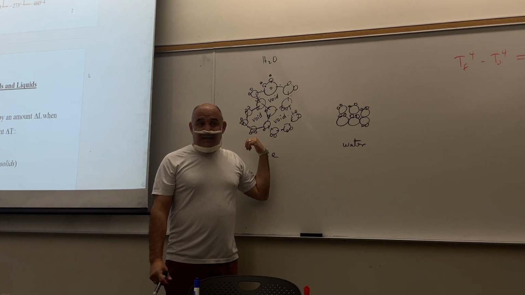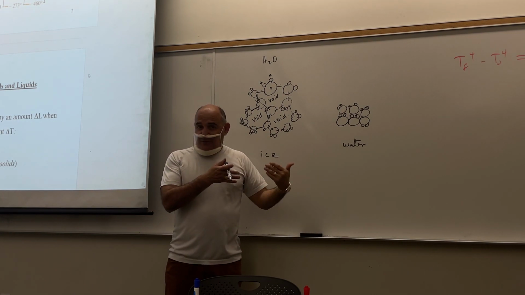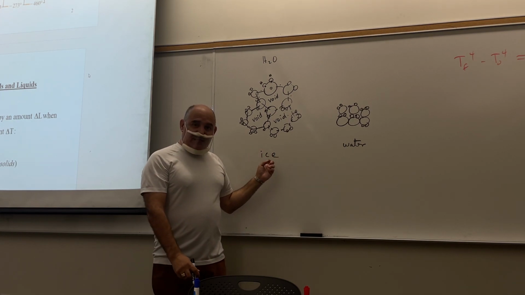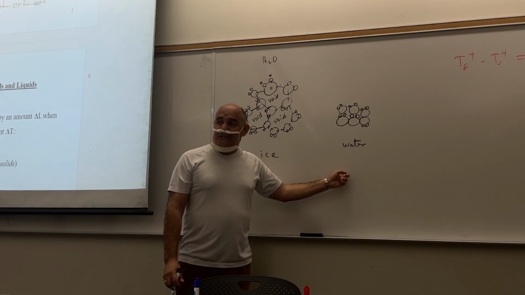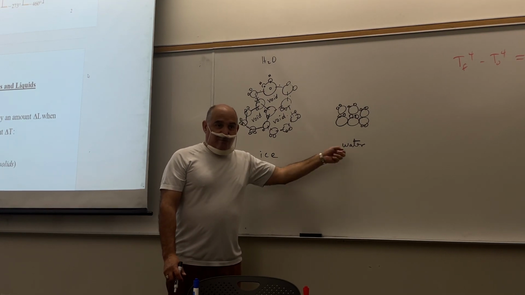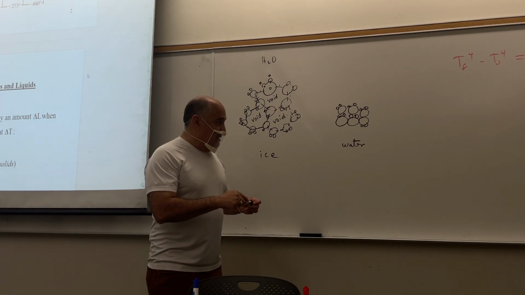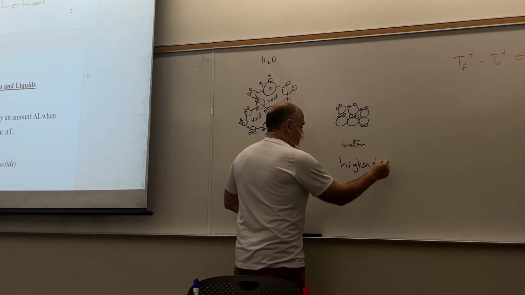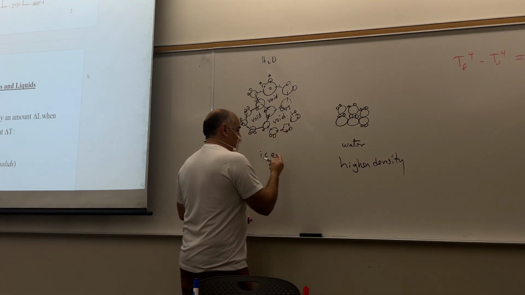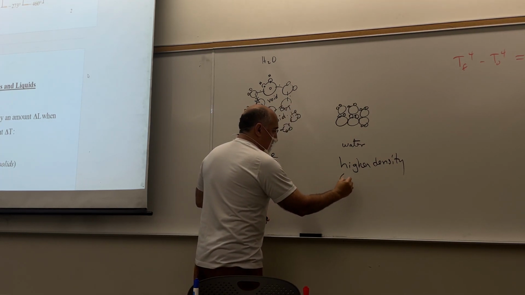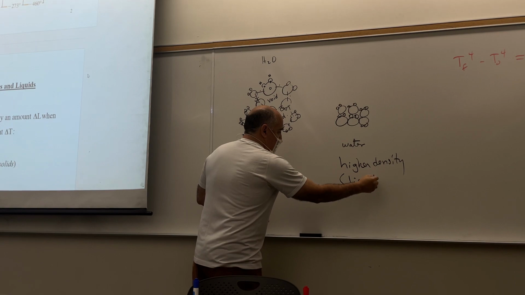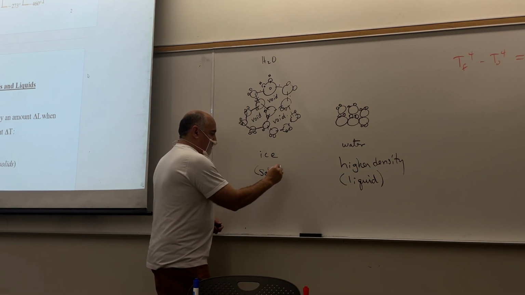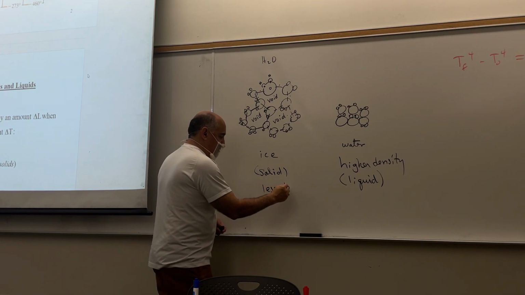And this is why when you throw ice on water, remember physics 185, Archimedes' principle and buoyancy, the less dense object will float on the denser object. So ice floats on water. So this is higher density, and it's a liquid. And this is a solid, and this is less dense.